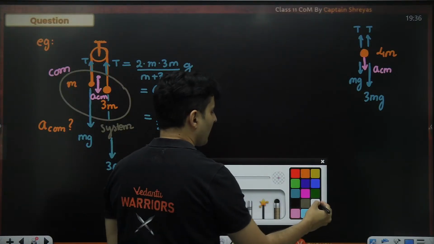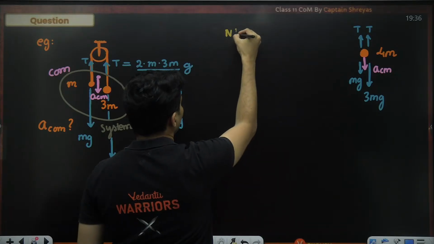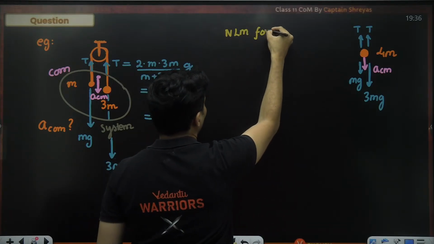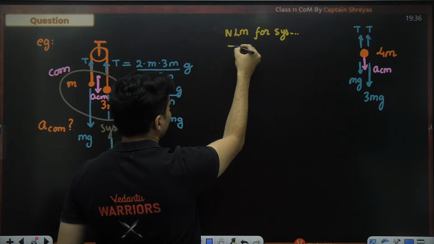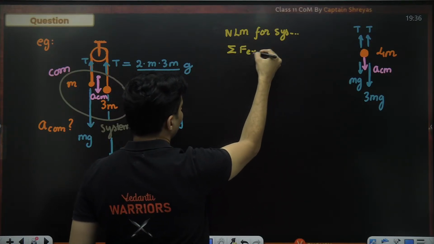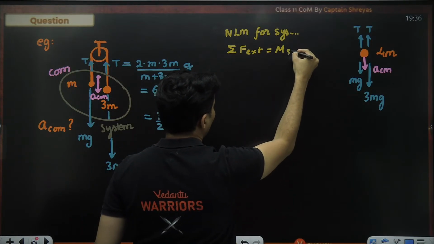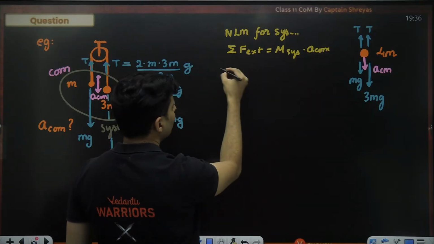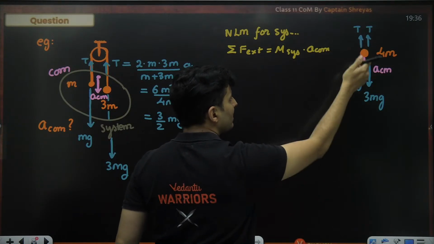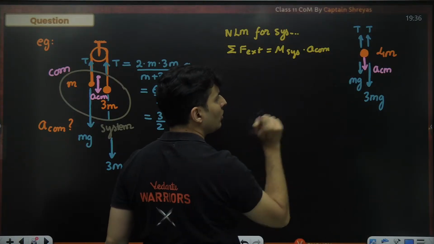So using Newton's laws of motion for a system, net external force will be total mass of the system multiplied by acceleration of center of mass. Should I take T plus T positive or mg plus 3mg positive?